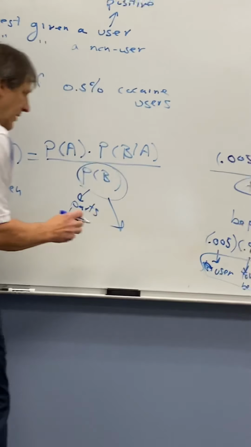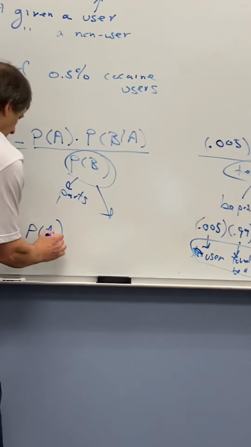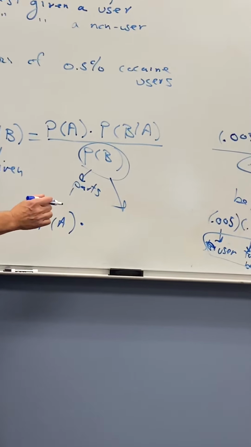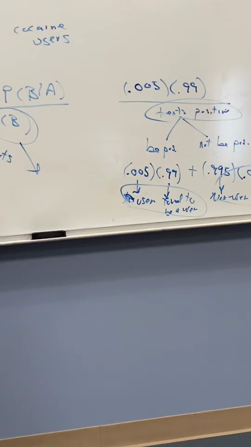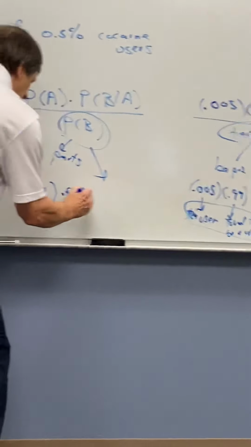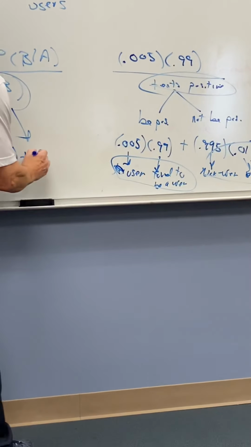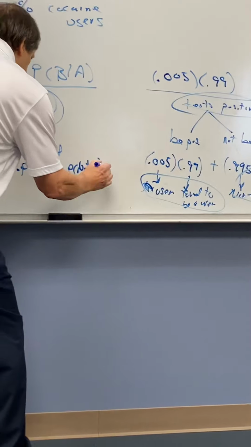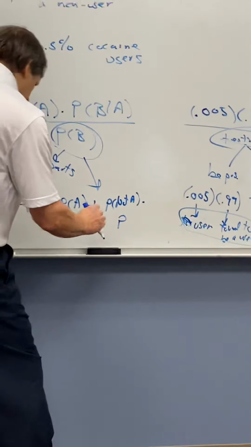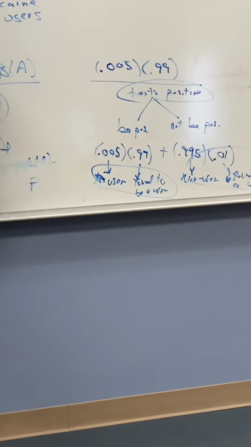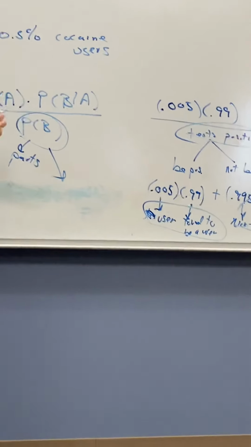This probability of B breaks into the probability of a user, which is the probability of A, times the probability of being positive given that you are a user, which is the probability of B given A, plus the probability of a non-user, we would say the probability of not A times the probability, I'm sorry, let me back up here a second. Okay, backing up. This goes into parts.